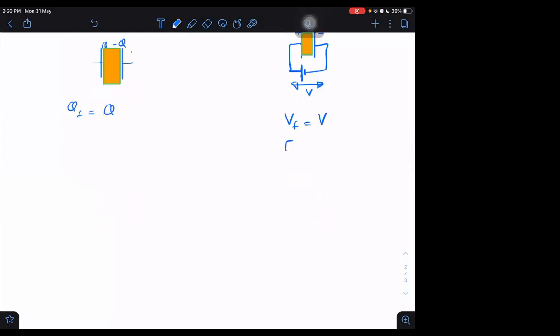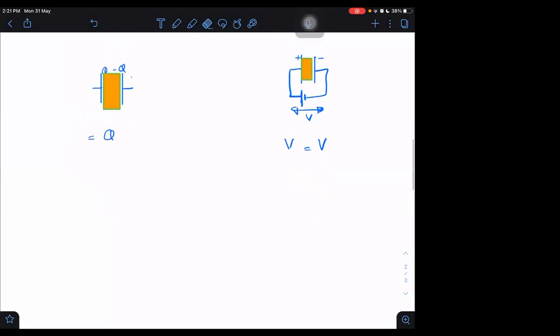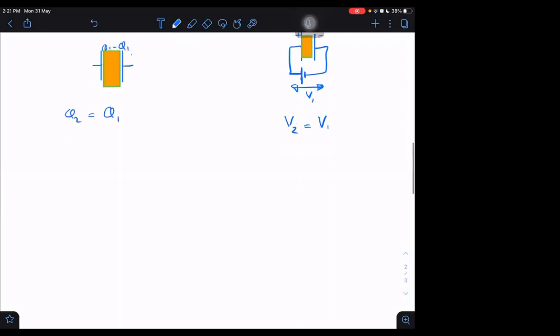I think rather than saying final, why don't I say E1 and E2? Let me call this V1 and Q1. Q1 is initial and V1 is initial. So here Q2 is also equal to Q1.